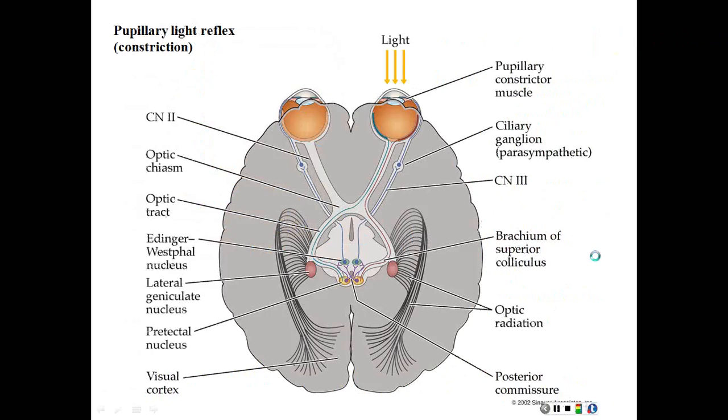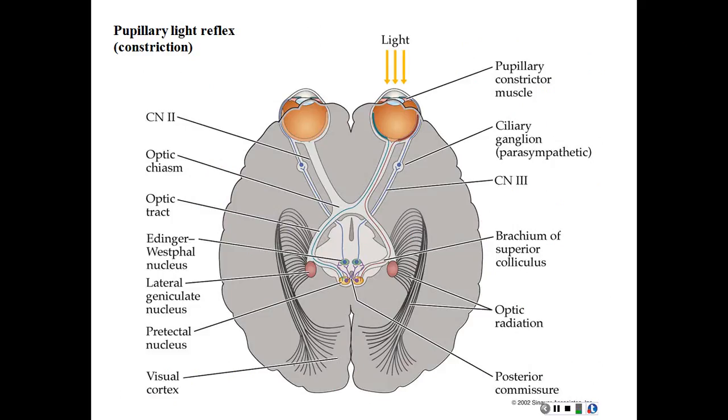Okay, one small thing. I misspoke and just want to clarify it. The visual information that's coming into pretectal just goes to the one neuron on the side. I said bilateral. I misspoke. So the visual information comes in, goes to pretectal on the same side. The pretectal neurons project bilaterally to both ipsilateral and contralateral sides.